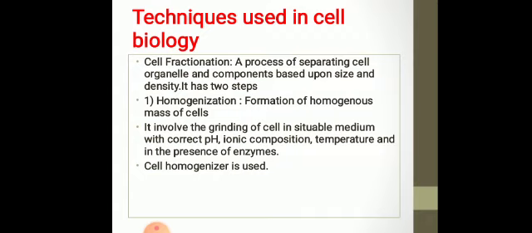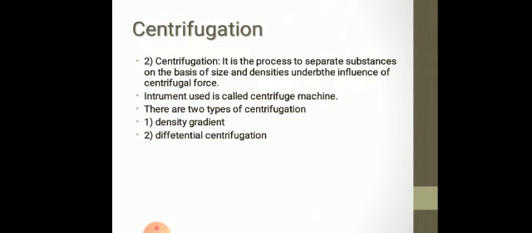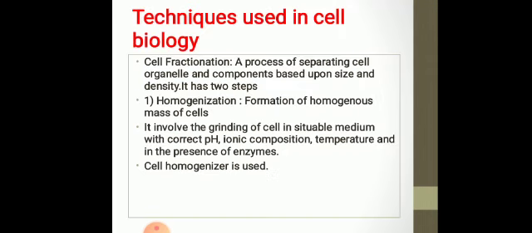So cell fractionation is a process in which we separate cell components and organelles based upon size and density, because there are different organelles present in the cell and not all organelles are of the same size and density. So there are two steps.